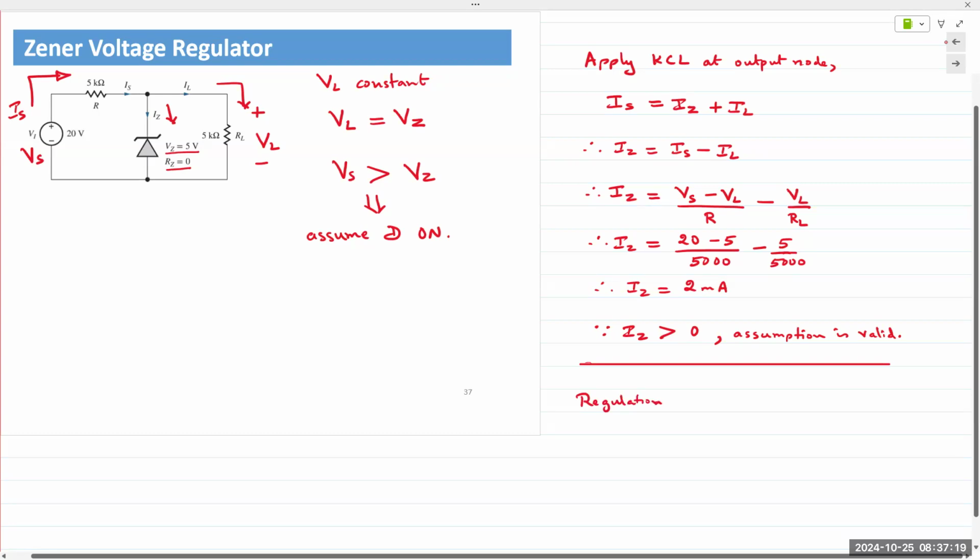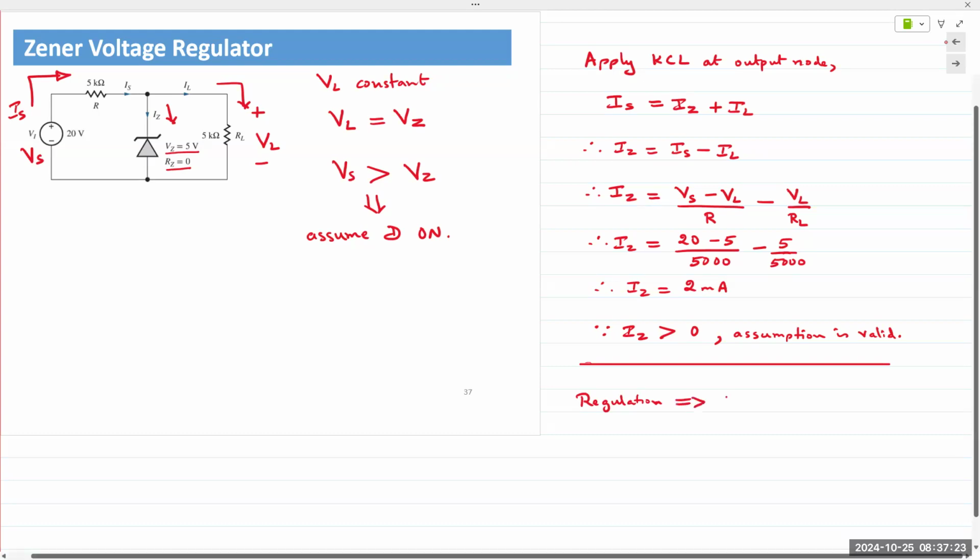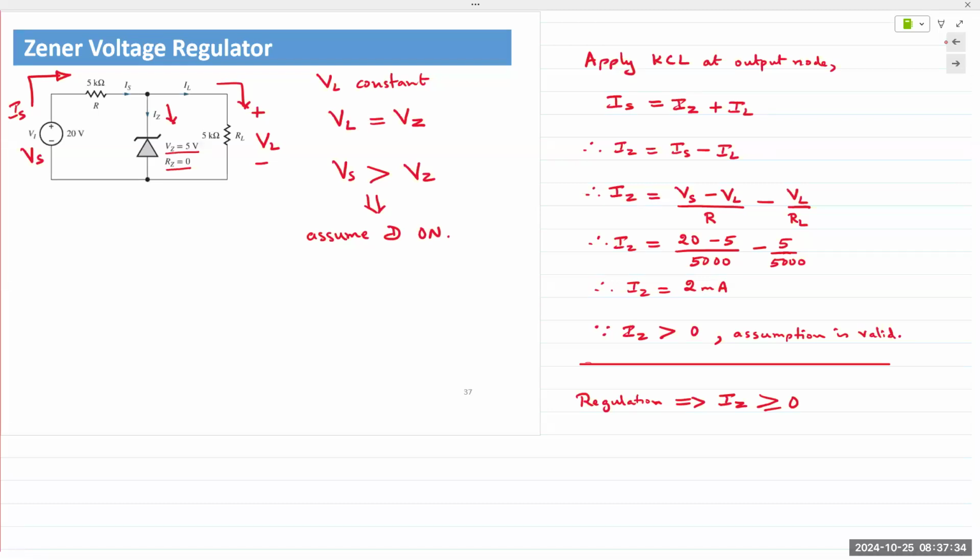For the Zener to be on, Iz must be positive, meaning Iz must be greater than or equal to 0. If the voltage is less than the Zener voltage, the diode will not turn on. It'll simply be VL is equal to Vin, right? So for proper regulation, Iz must always be greater than 0.